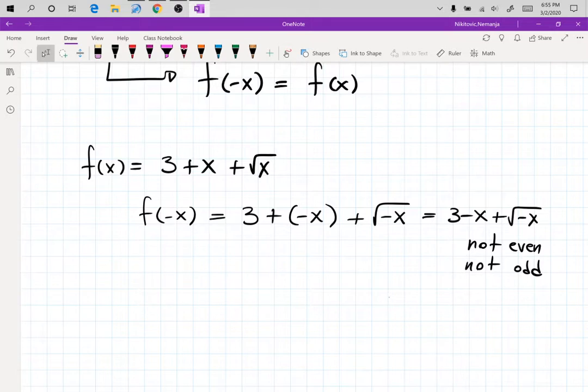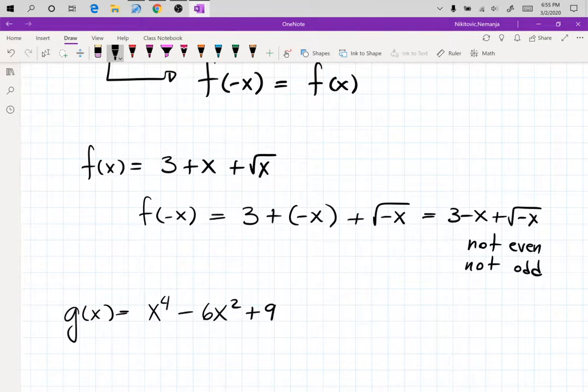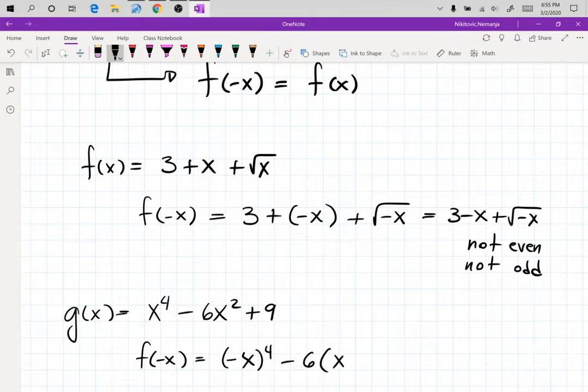Let's check g of x equals x to the 4th minus 6x squared plus 9. If we have this function, I will immediately check f of negative x, and that will be negative x to the 4th minus 6 negative x squared plus 9.